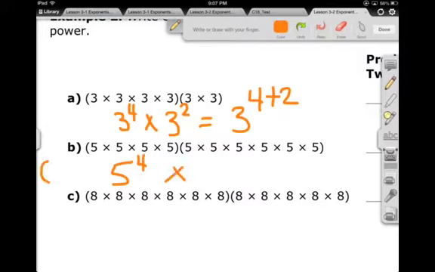Remember, when two things are side by side in parentheses, it means multiplication. So 1, 2, 3, 4, 5 here. 1, 2, 3, 4, 5, 6 of them here.